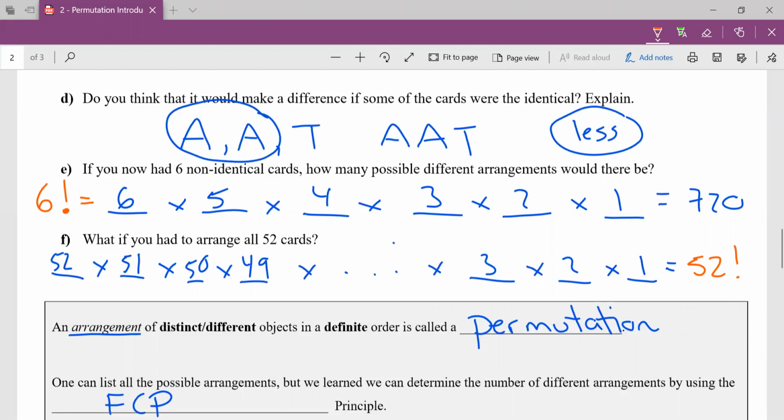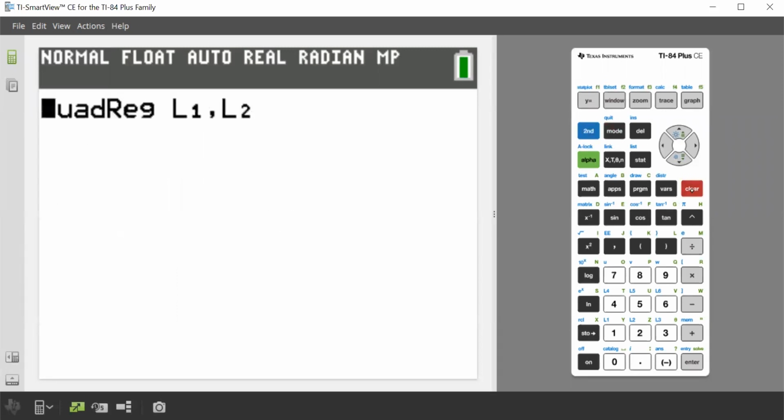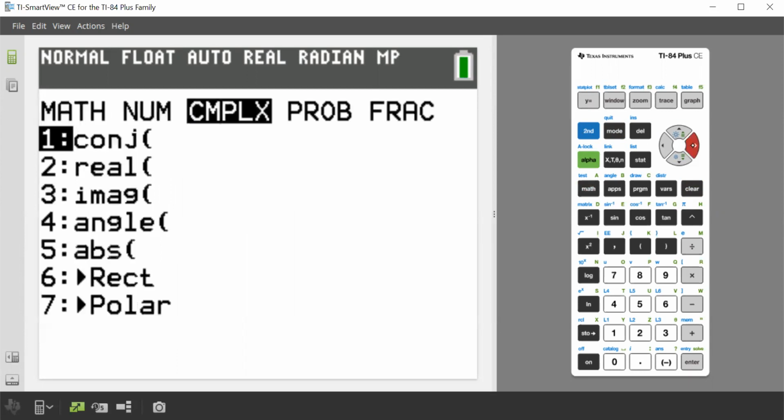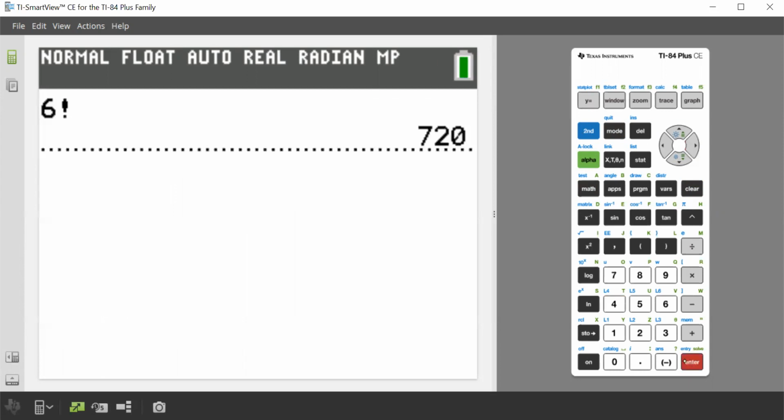How do I get that into my calculator? I'll show you. So here's my TI. I'm just going to go back to the main screen. So say we had 6 factorial. First thing we do is we hit 6, then we hit math, and then you see at the top it says PROB, that stands for probability. And you see number 4, there's our factorial. Bingo, 720.